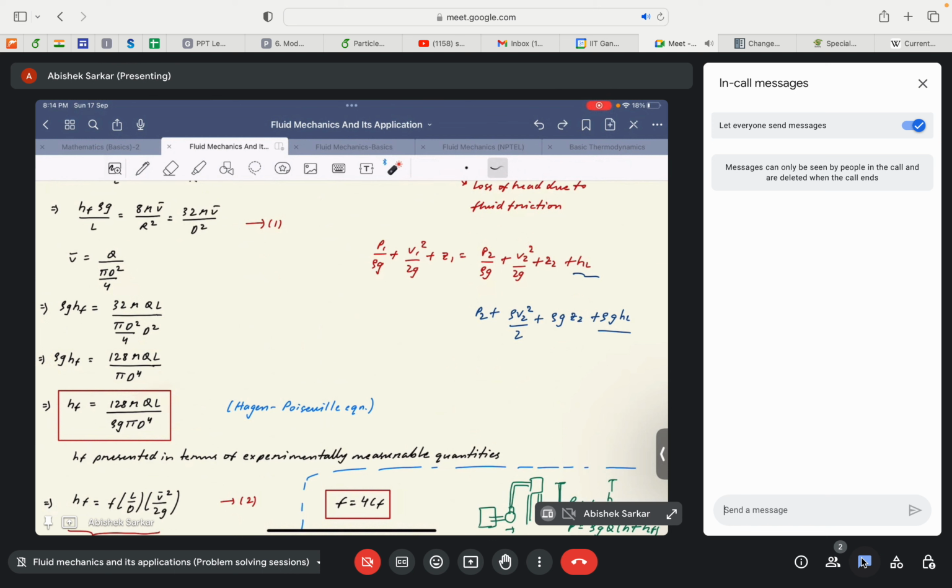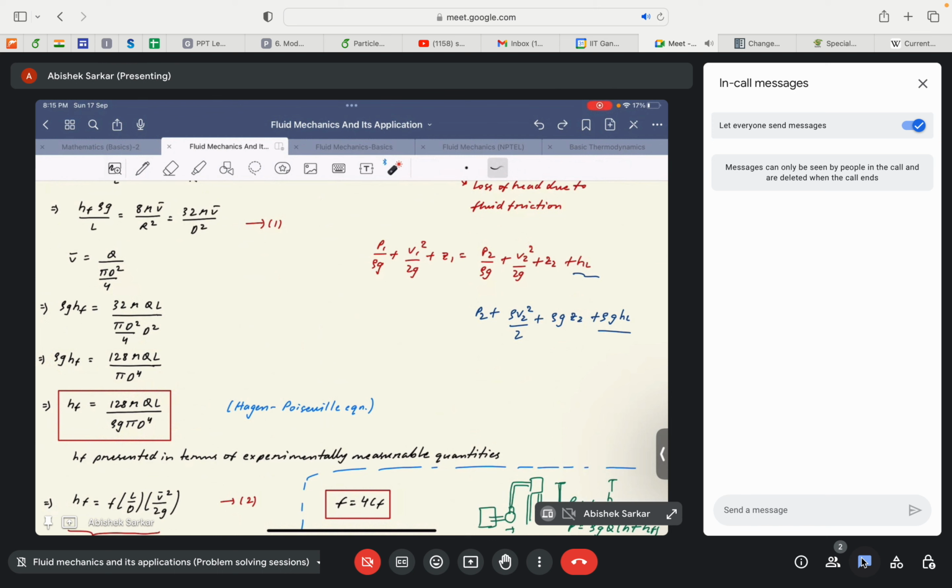Mu is a fluid property, so we would know that. Rho is again a fluid property that we will know before the experiment. Then g is the acceleration due to gravity, and D is the diameter of the pipe. So all these parameters are usually known, and thus it's a very elegant way of representing the fluid friction as an experimentally measurable quantity. So it becomes very easy.